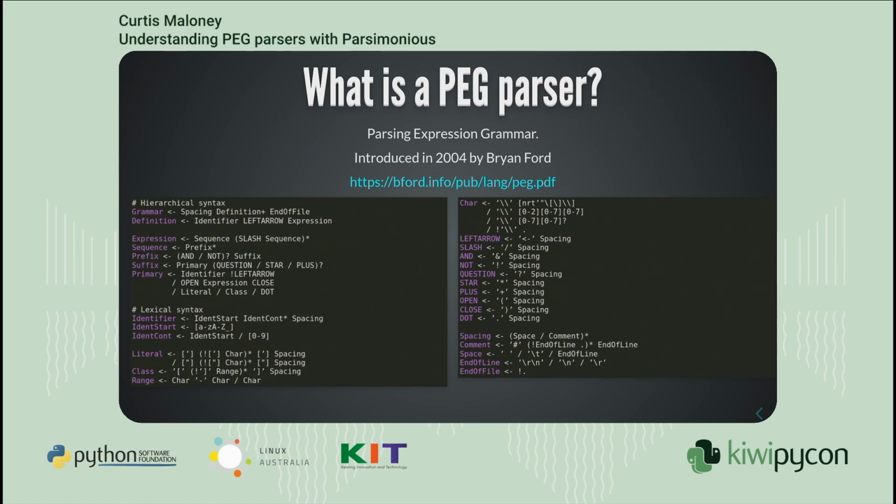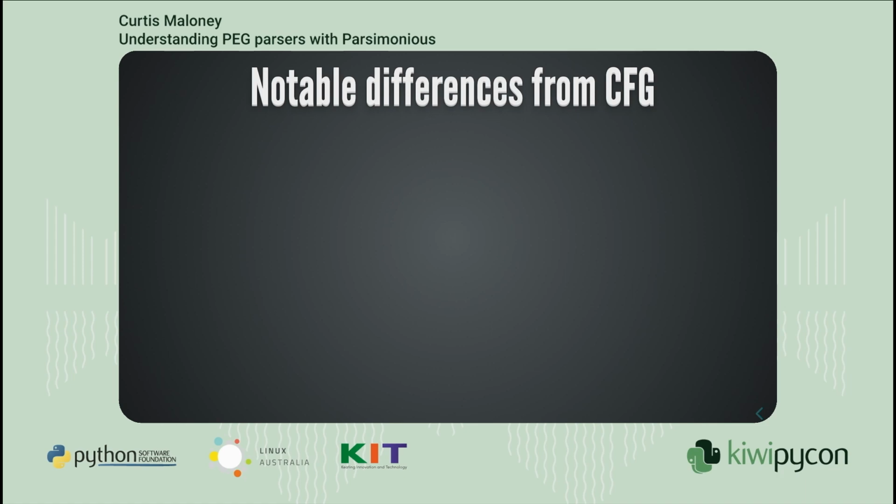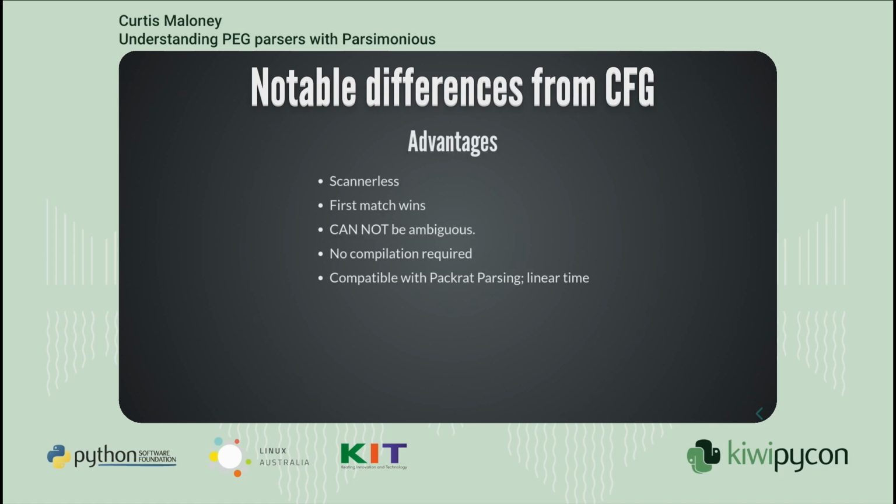Anyone who's worked with EBNFs or read any RFCs will typically be familiar with this kind of structure. Very similar syntax, but it has some interesting special qualities. Notable differences from those sorts of context-free grammars. Firstly, as an advantage, it's scannerless. It doesn't have that first stage of tokenization.